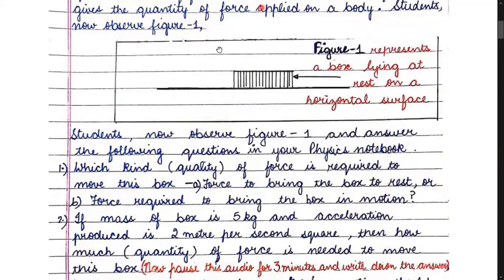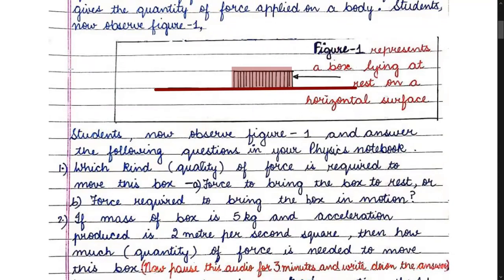So children, first of all, I want you all to observe figure number 1. In this figure, there is a horizontal surface and a box is lying on the surface. Imagine a box lying on the floor, a horizontal surface.